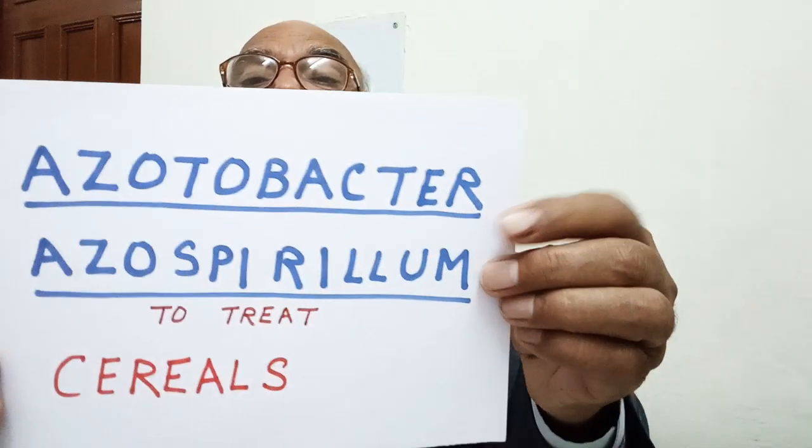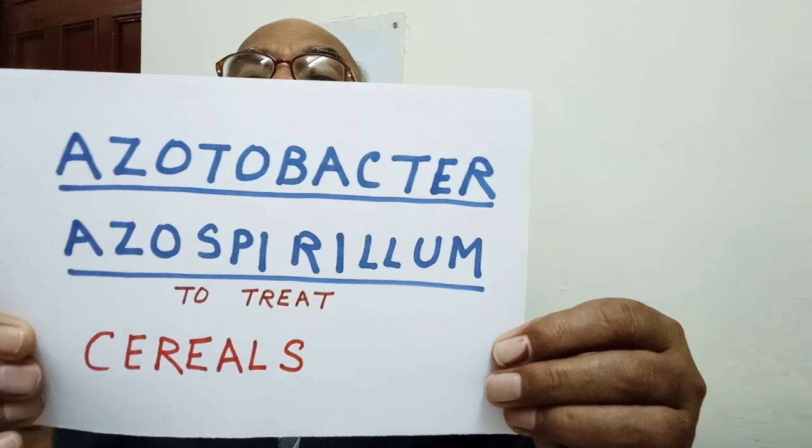Azotobacter and azospirillum, these are non-symbiotic biofertilizers, and seeds of cereals are treated with these. Then what are actinorhiza?